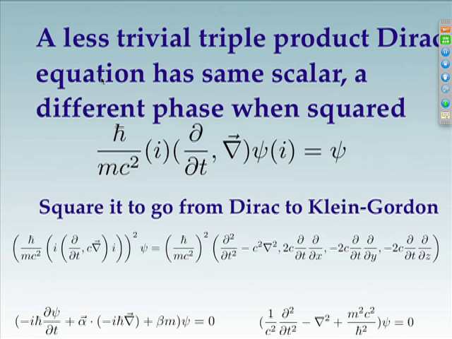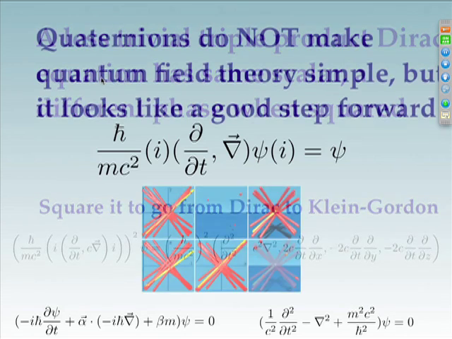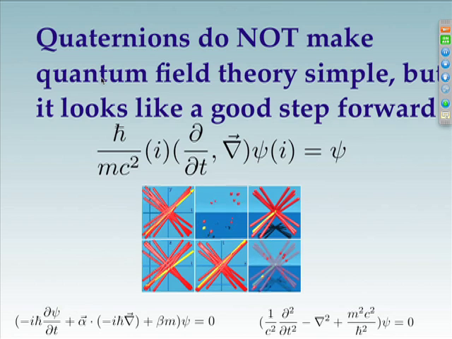But it's kind of cool that it's not exactly the same thing, and maybe that's relevant. I just want to say that quaternions in no way make quantum field theory simple. But I'm feeling like this is a good, interesting and productive step forward. And that's one of the main things that I'm doing research on these days.